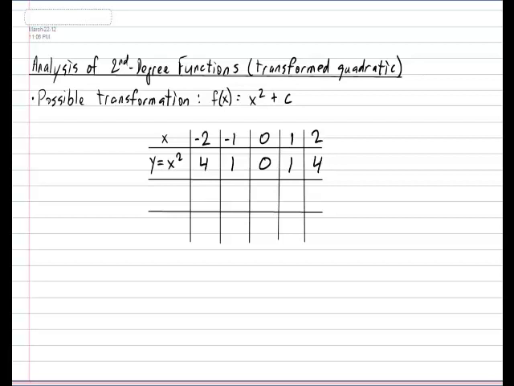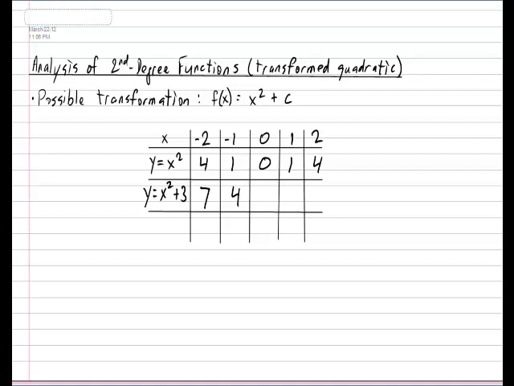Now, let's tweak this parabola. Let's try the following. y equals x squared, and let's tweak it by, how about adding 3. Let's see how this changes all the y values. So, when x is minus 2, let's plug that in. Minus 2 squared is 4, and 4 plus 3 is 7. Okay, let's keep going. When x is minus 1, minus 1 squared is 1, and 1 plus 3 is 4.